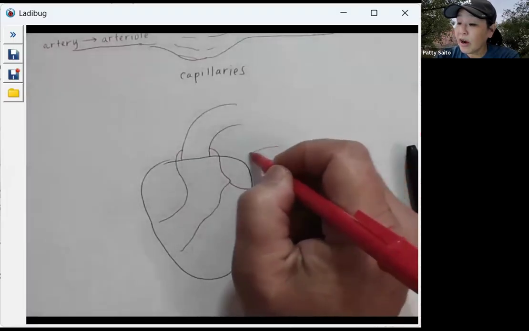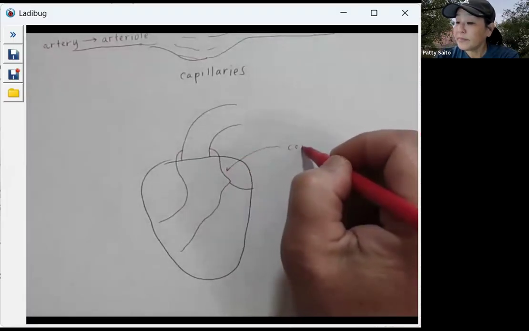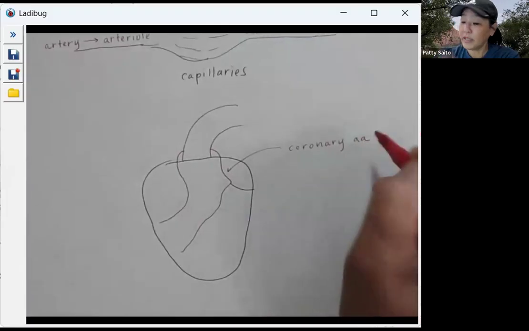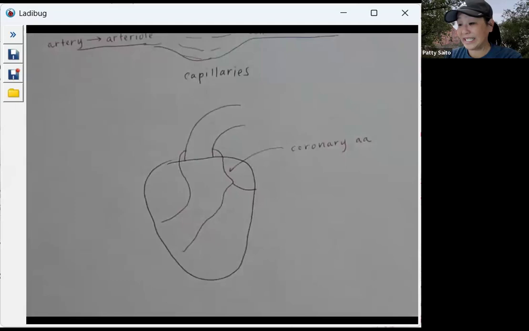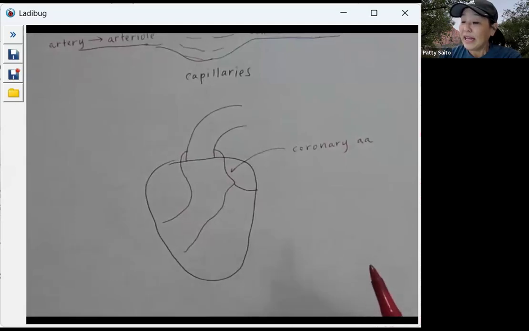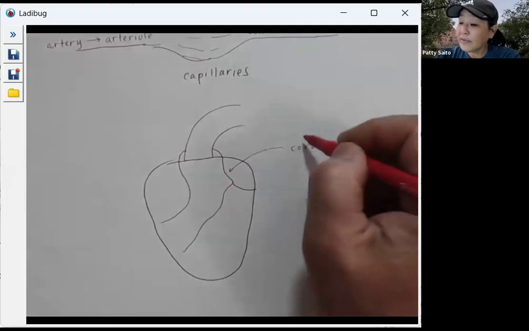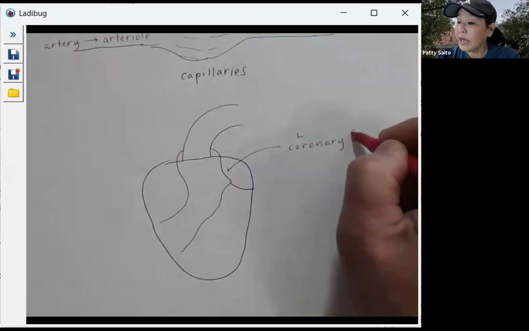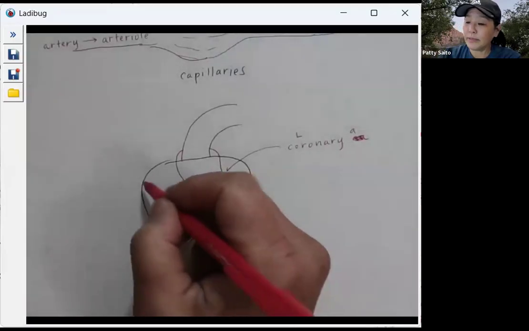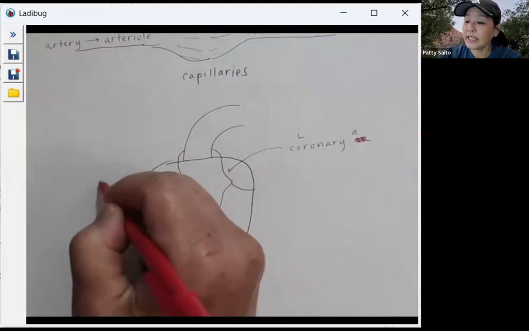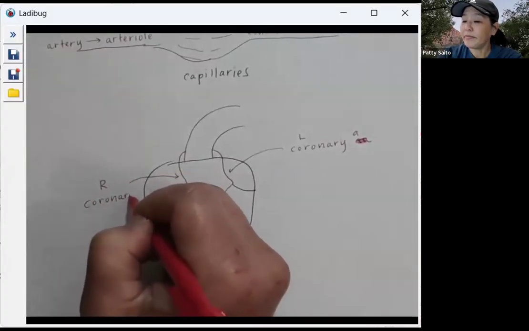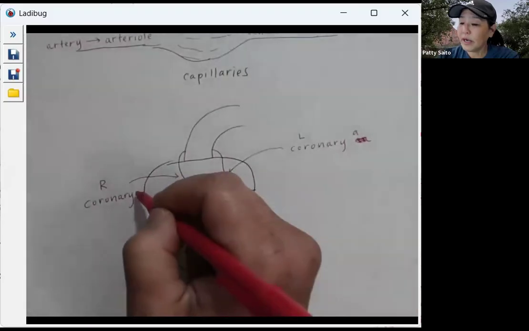These are the coronary arteries. I'm going to do AA for arteries, plural. Okay. So this is called the left coronary artery. Sorry, I'm just going to make coronary artery. And this one is the right coronary artery.